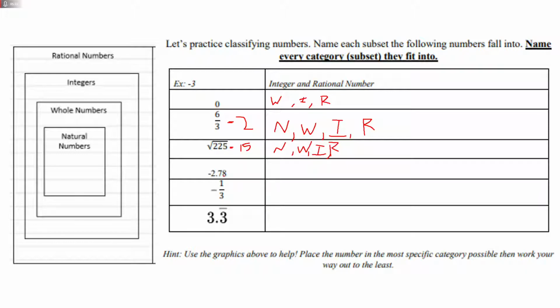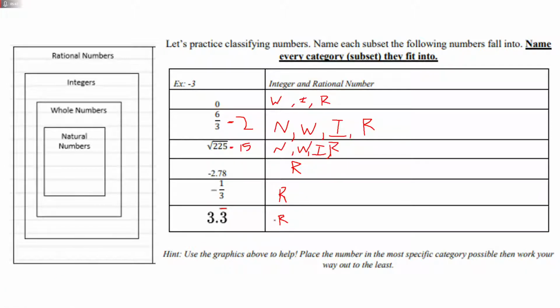It's not an integer because it has that decimal part, so it has to be rational. Same thing with a fraction. If I can see it as a fraction and I can't reduce it, it has to be rational. Same thing with decimals. This is a repeating decimal. I know that because it has the line over the top of it, so it has to be rational.